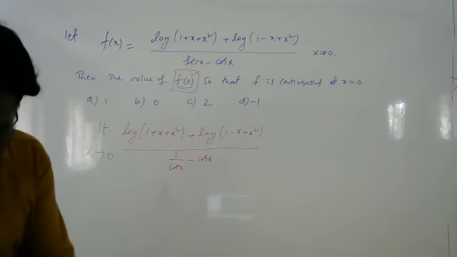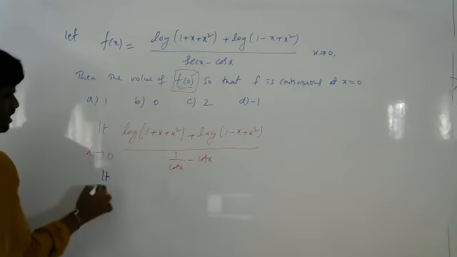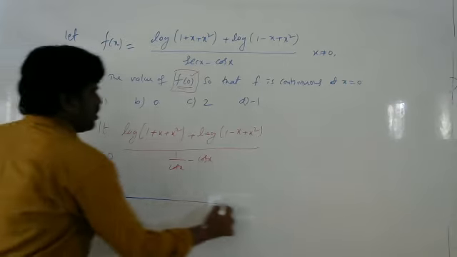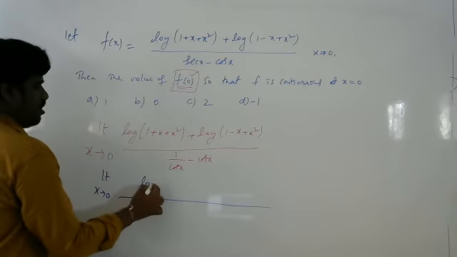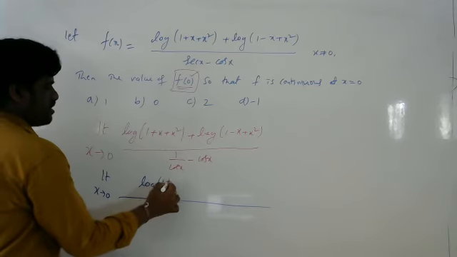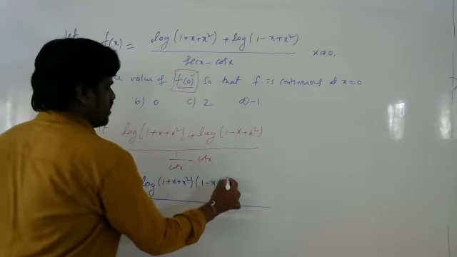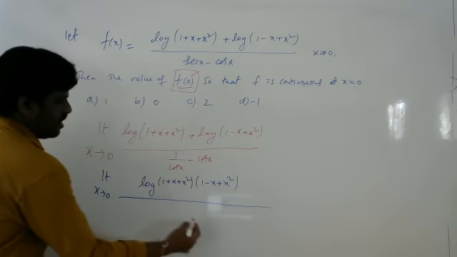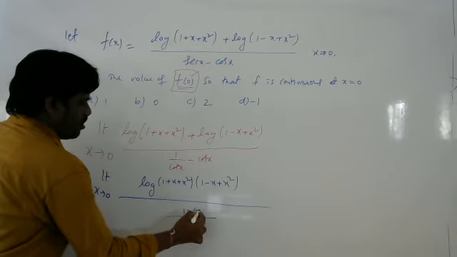So what I am going to get here, limit x tending to 0. This color is visible or not, I don't know. I'll change the color. Log a plus log b formula, log ab means 1 plus x square into 1 minus x plus x square divided by, if I take cos x LCM, I get 1 minus cos square x.